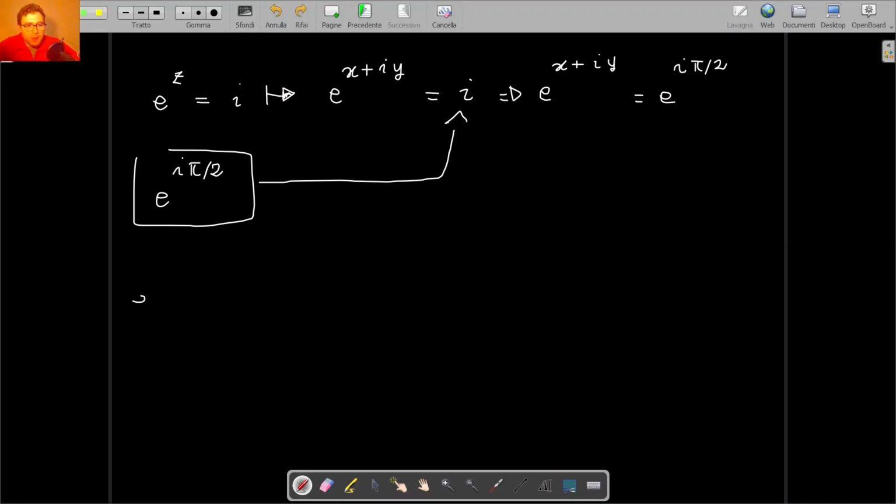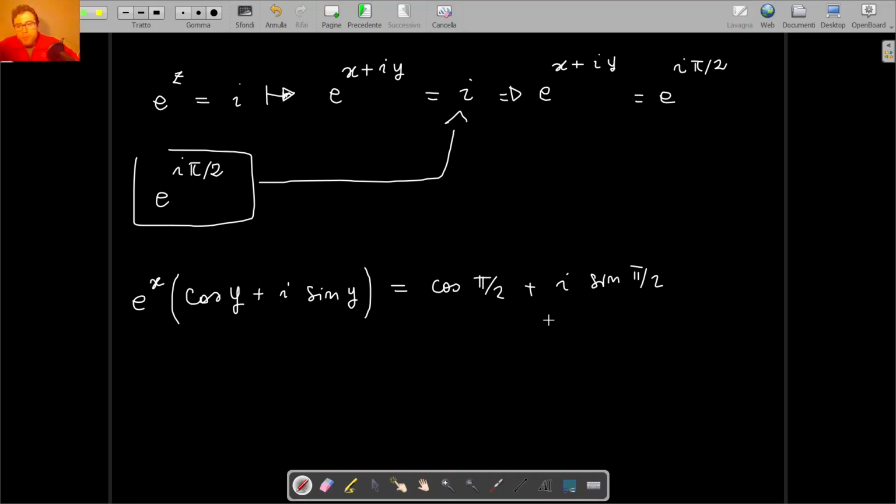We can write e raised to x, which multiplies cosine of y plus i sine of y, and this is equal to, so we expand this number in its trigonometric form, cosine of pi over 2 plus i sine of pi over 2, and we all know that cosine of pi over 2 is actually 0.